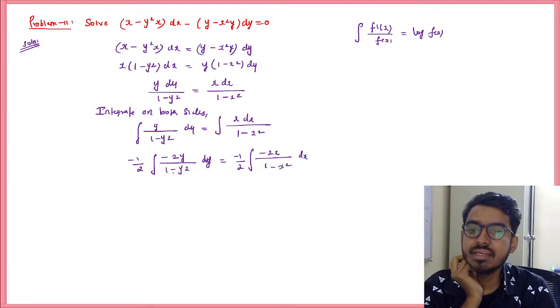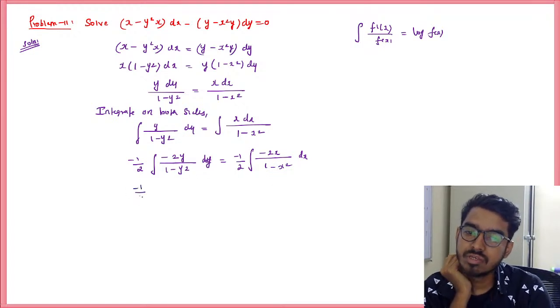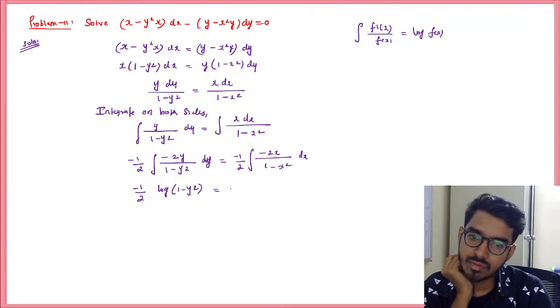Now you can see f dash of x by f of x, so this will be log of 1 minus y square, and this will be log of 1 minus x square.